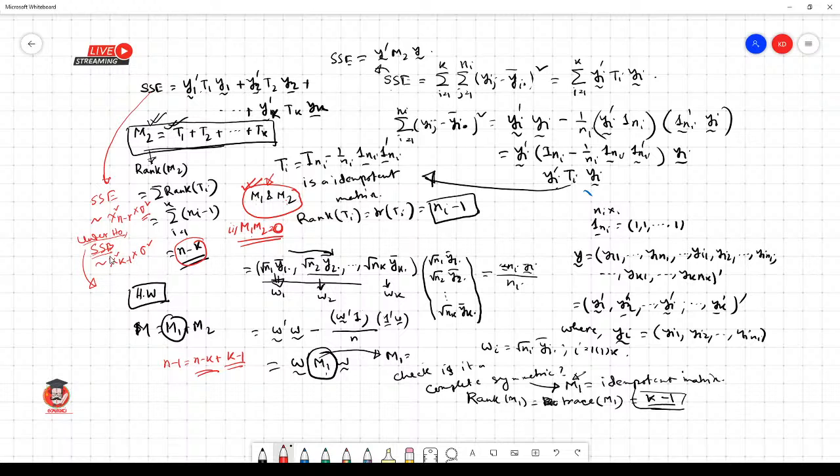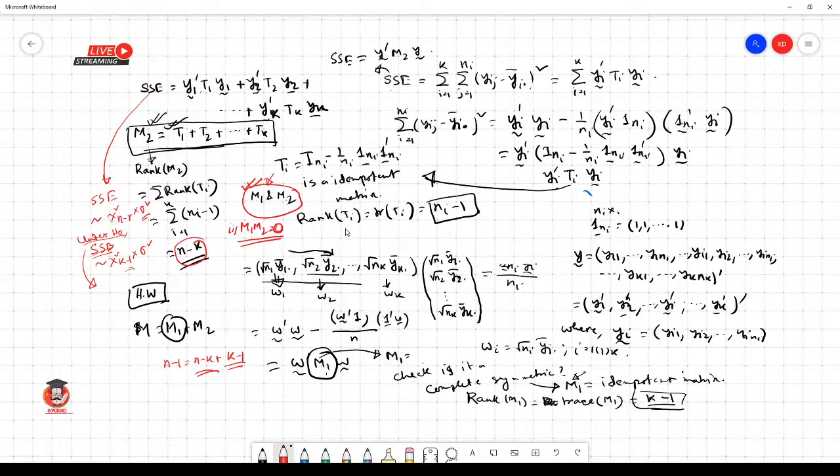So under H naught SSB follows chi-square with k minus 1 degrees of freedom times sigma square, otherwise this is a non-central chi-square with k minus 1 degrees of freedom. This is also from the result of the multivariate normal distribution. These automatically follow. You just apply Cochran's theorem.